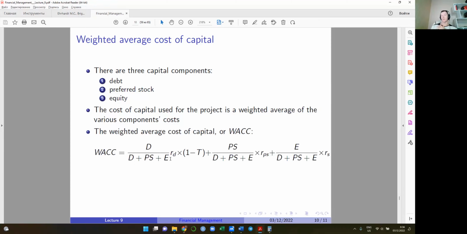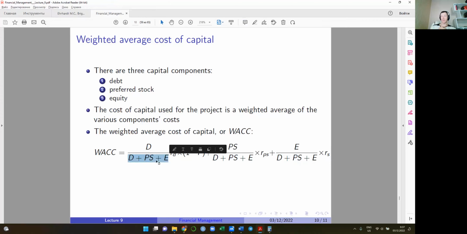So the weighted average cost of capital, how is it computed? We need to know the total monetary size of the debt issue, preferred stock issue, and equity needed for the investment project. So basically, the denominator of each of these three fractions would be equal to the investment outlay. Then we take each of the components and divide by the total amount of capital.